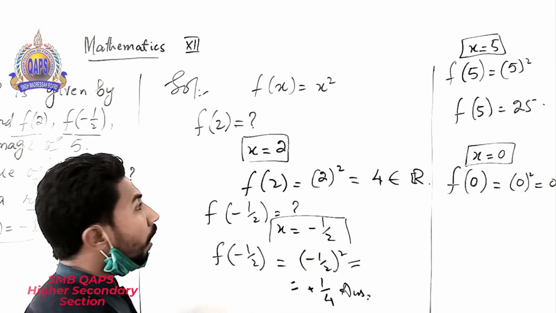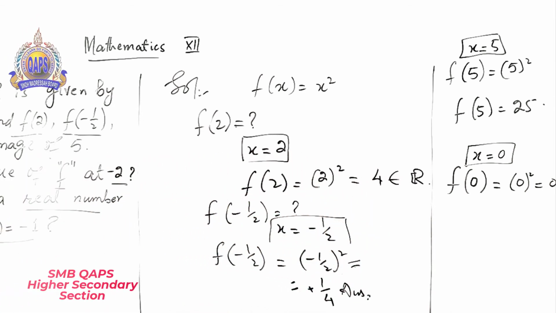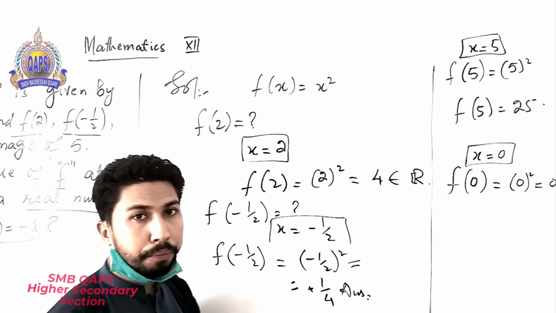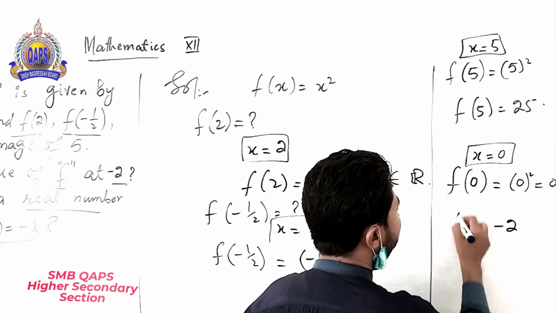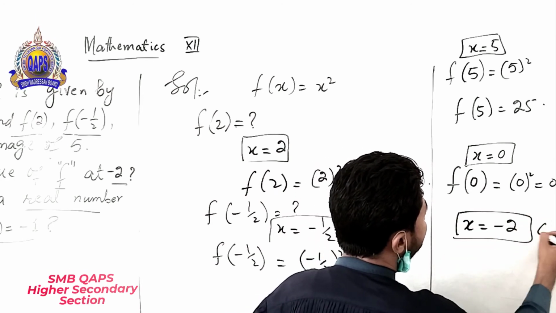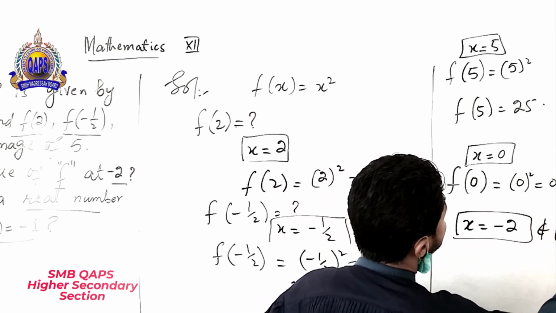Now in the last point, can you find the value of the function at minus 2? Here if we put x equal to minus 2, it doesn't belong to the interval [-1, 5].